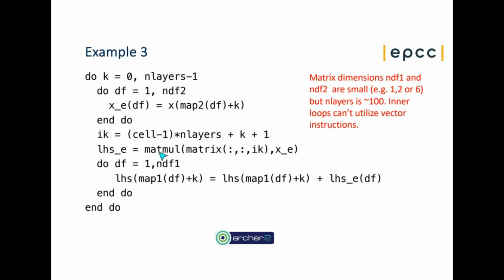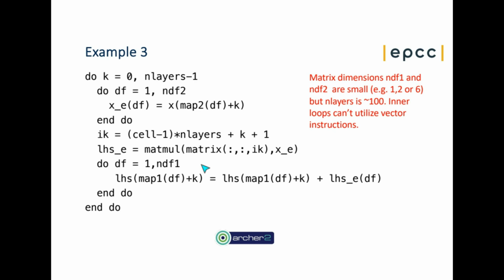It's actually using the Fortran intrinsic matmul to do this, even though it's not really a matrix multiply. It's only a matrix vector product, because the second argument only has one dimension.